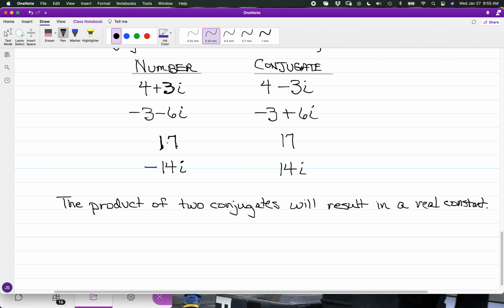And just like another case in point, say if I have 4 plus 3i and 4 minus 3i, okay, so foiling out. I have 4 times 4 is 16. Outside product, we have a negative 12i. Inside product is going to be a positive 12i. And the last product, positive times the negative is a negative, and we have 9i squared.